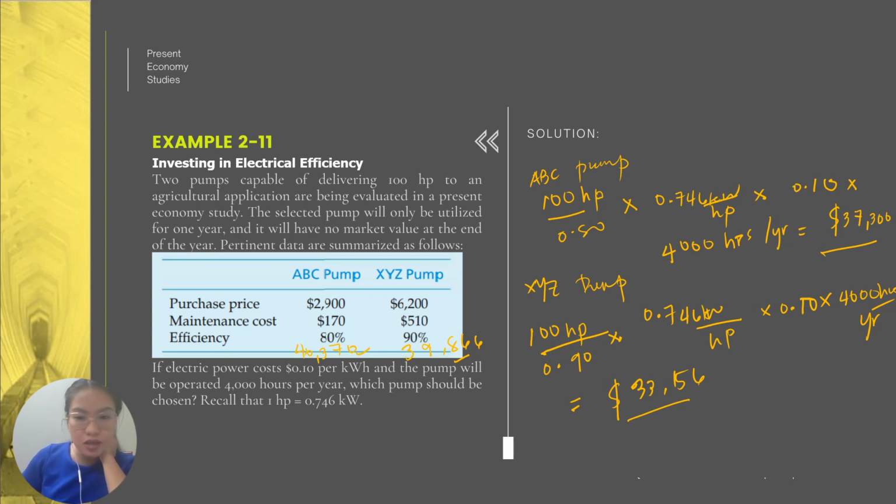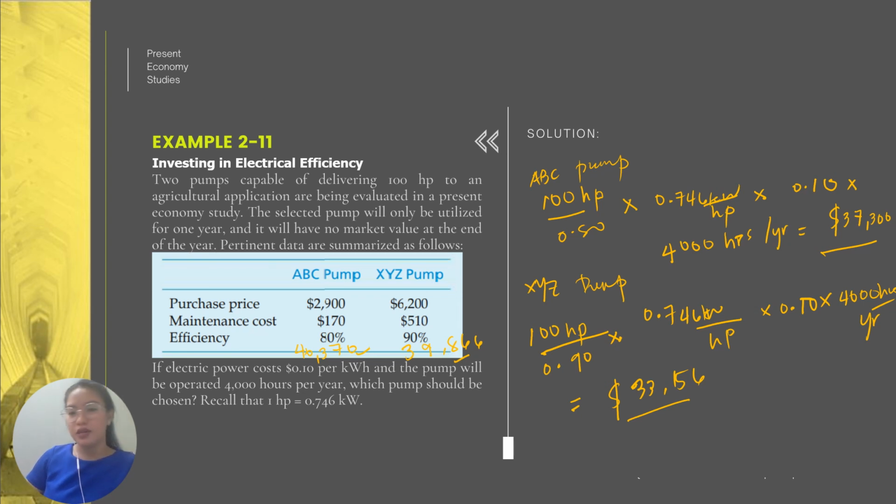Notice the difference, no? If you observe the difference in energy expense that results from a 90% efficient pump relative to an 80% efficient pump, this cost reduction more than balances the extra $3,300 in capital investment and $340 in maintenance required for the XYZ pump.